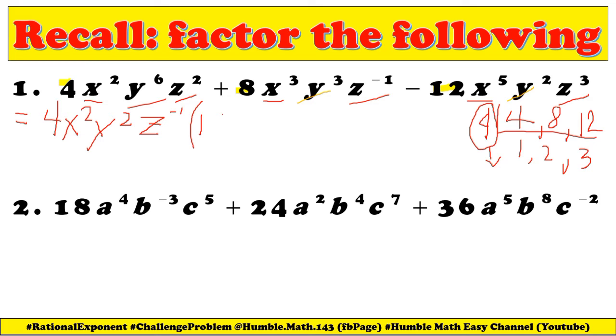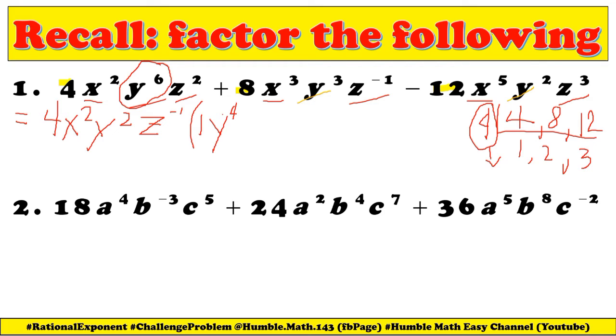Now for the y squared, since the first term has y raised to 6, and we remove already the y squared, what is remaining for y is y raised to 4, because 6 minus 2.